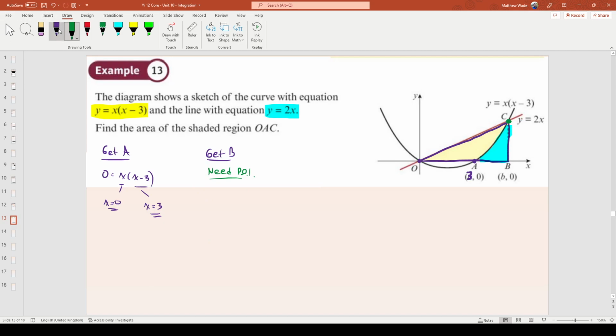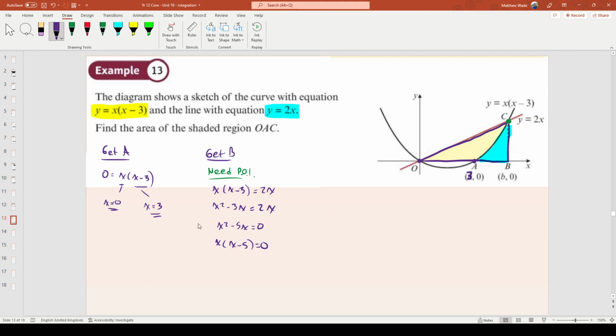Set them equal to each other. Let's do it. x bracket x minus 3 is going to this time equal x. So x squared minus 3x equals x. So we're going to get x squared minus 5x equals 0. Never ever divide by x though, right? Because you lose a solution. So we'll factorize: x bracket x minus 5 equals 0.